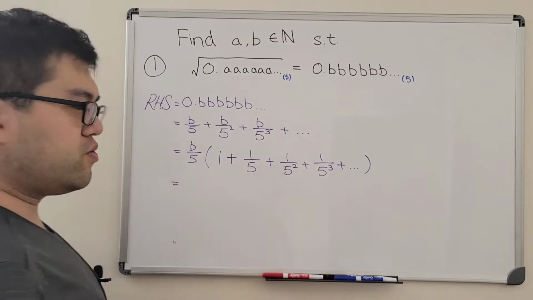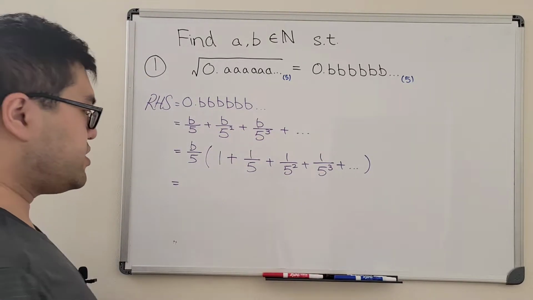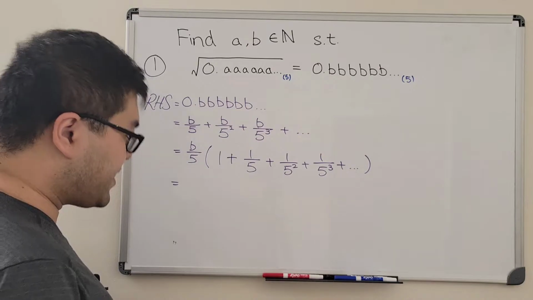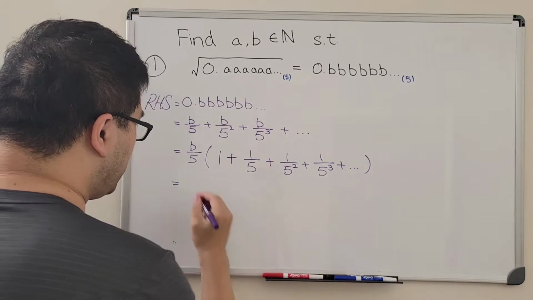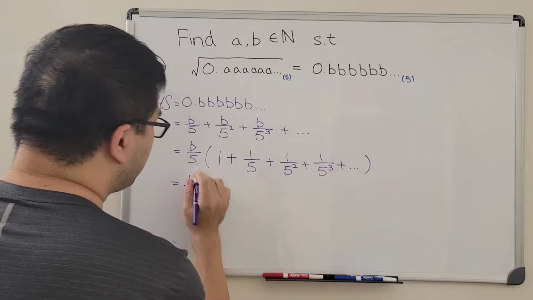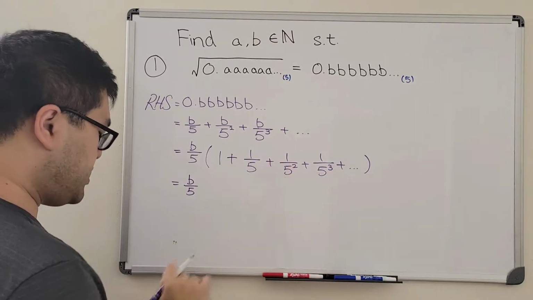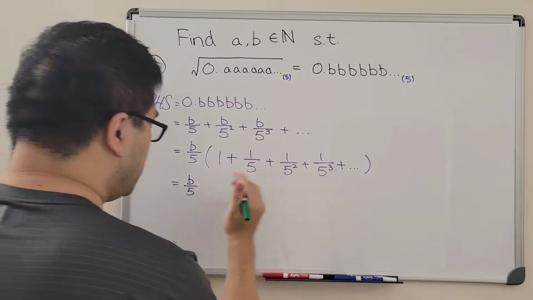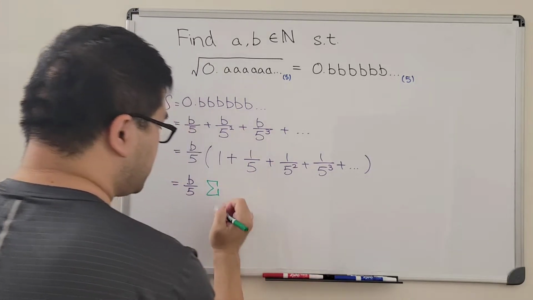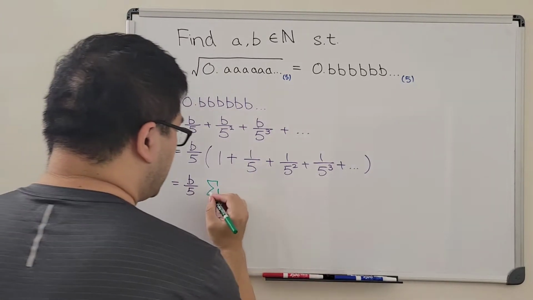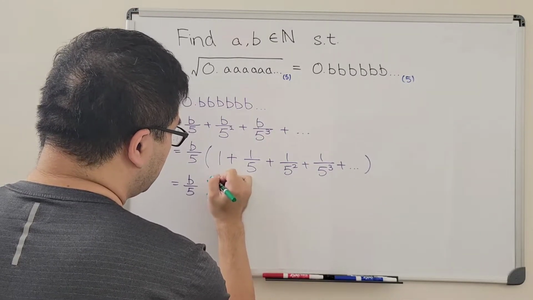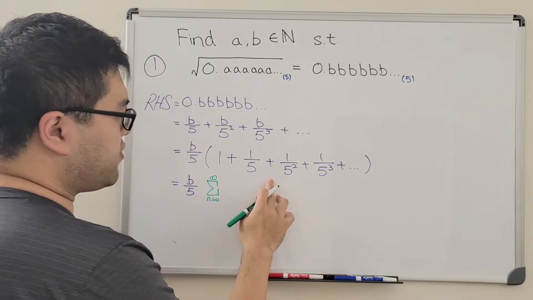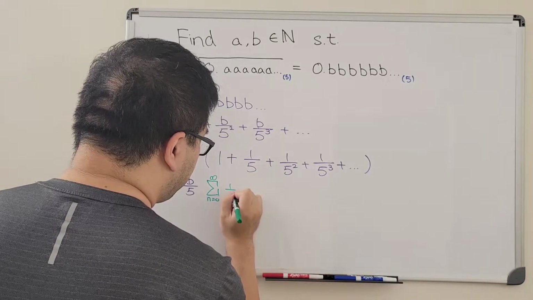What does that mean? Well, since we get a geometric series, we can just use the formula to help us calculate the result here. So we get b over 5, which is this part, times this infinite sum, which starts from n equals 0 to infinity, where the ratio is 1 over 5.